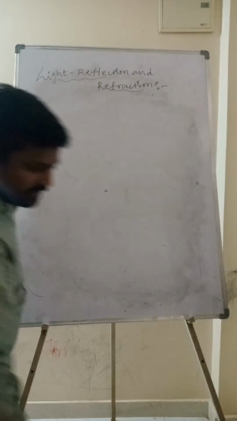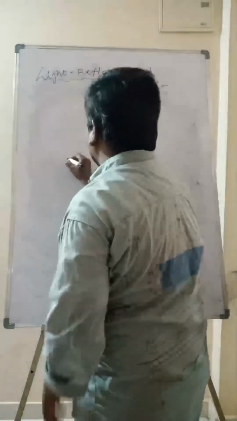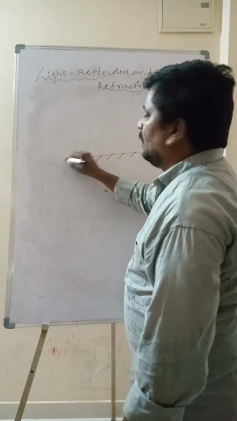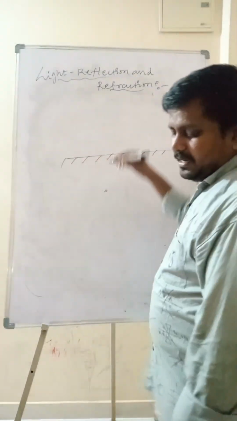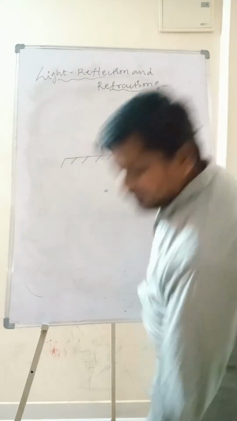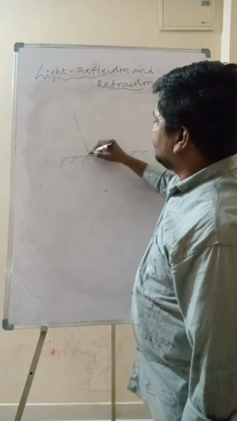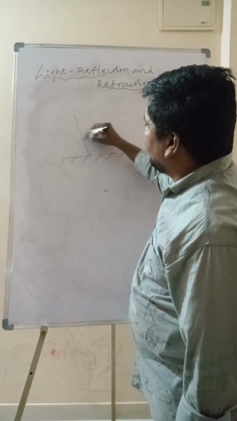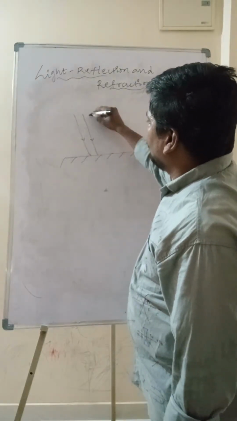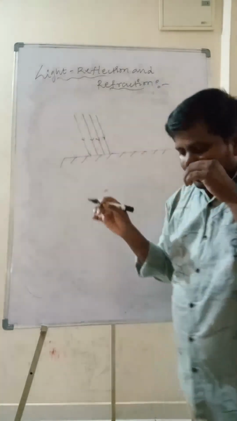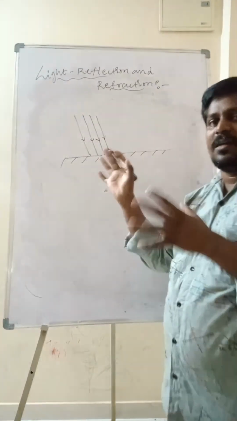Regular reflection means, if you take a plane surface like this, the incident beam is parallel. I am considering this incident ray, and this one, and one more. All the light rays incident are parallel to each other.